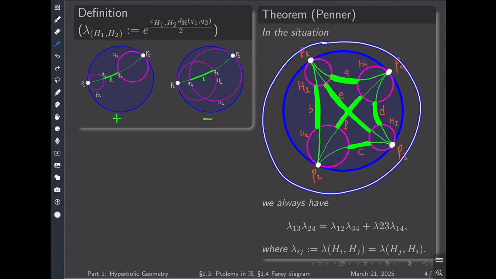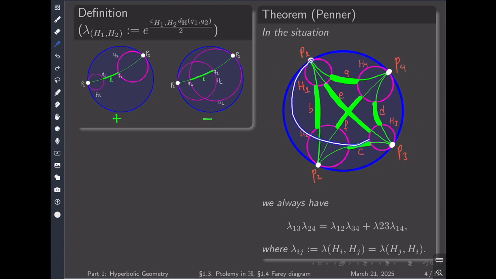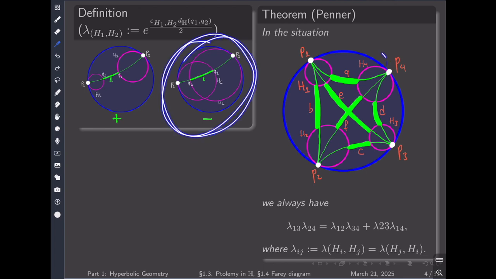But if you give me another horocycle, the theorem still works. Or some horocycle that maybe intersects just two of them, the configuration doesn't have to be so nice. So these situations are allowed here.